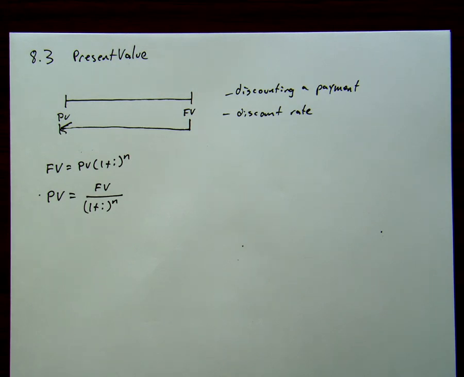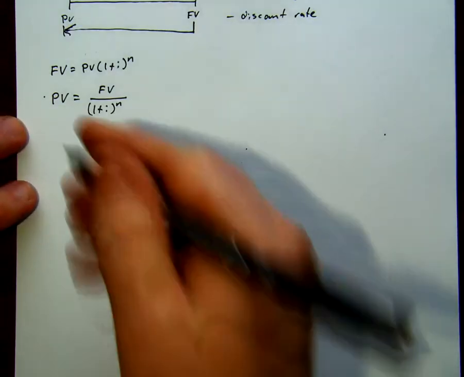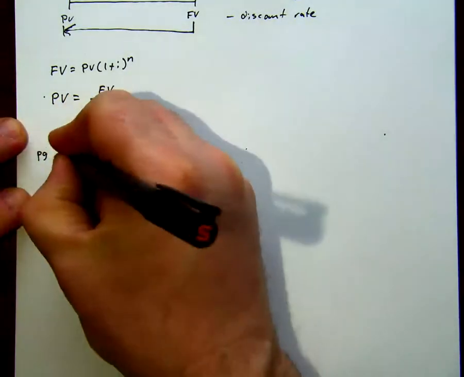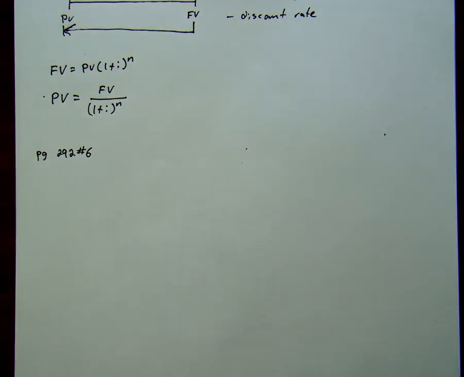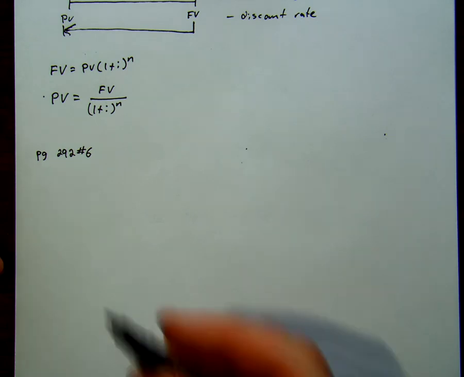So jumping right in, we'll do question 6 on page 292. It says, what principal amount will have the maturity value of 5437.52 after 27 months if it earns 8.5% compounded quarterly.